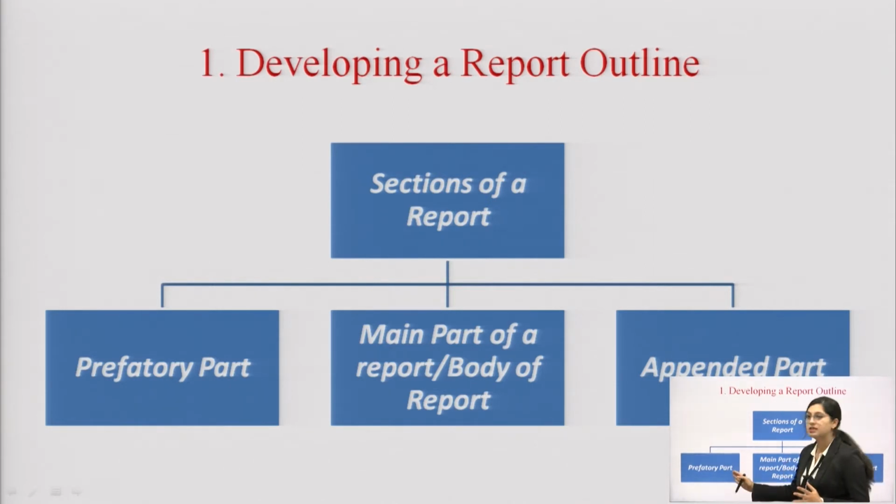The first section is the preface or the prefatory part. The second section is the main part of the report. This part includes whatever is the major recommendation, the conclusion, the overall findings, what has exactly been done in the report. Everything comes in the main part, or what we call the body part of the report. And the third part is the appended part.